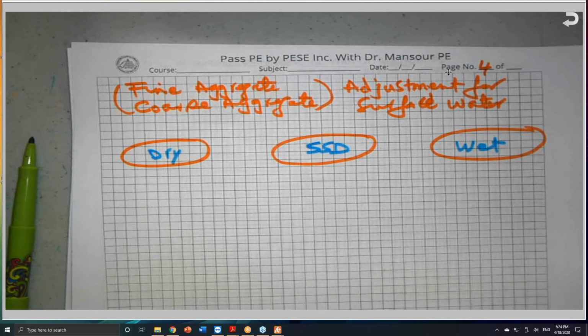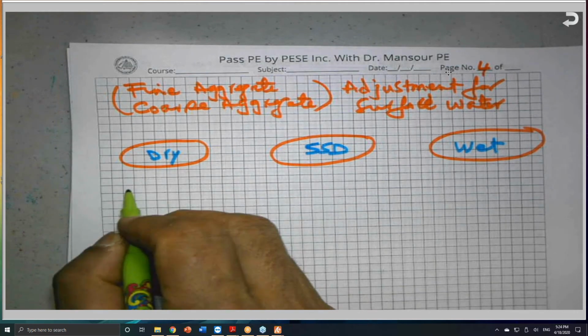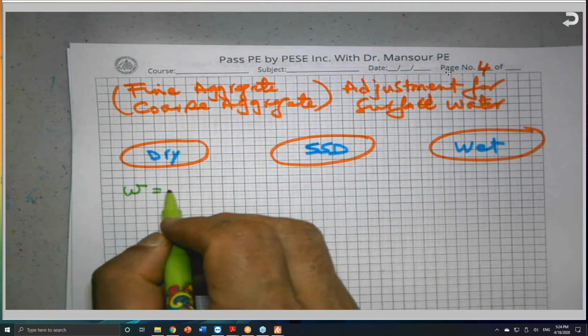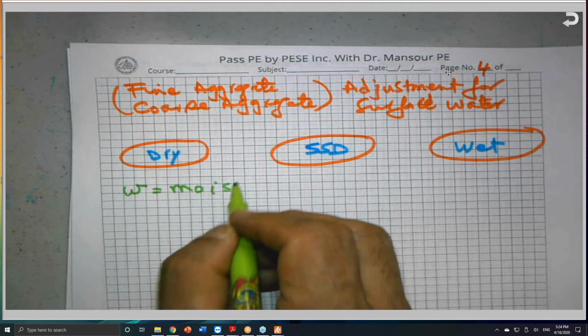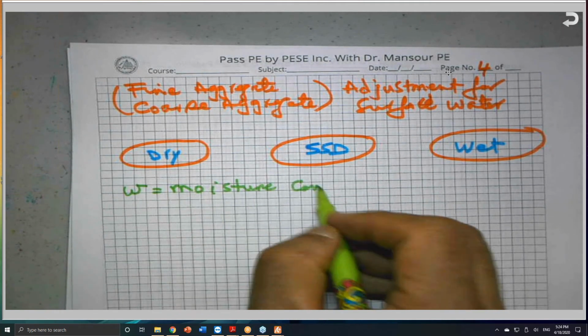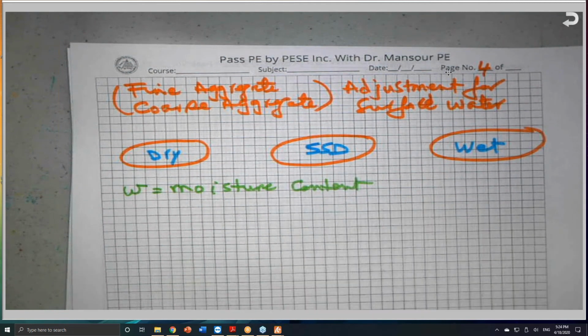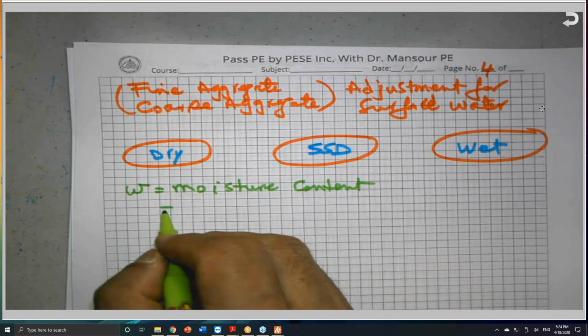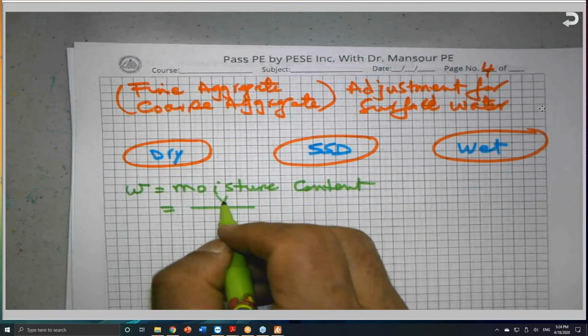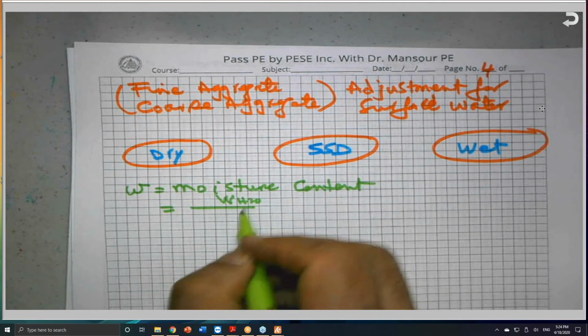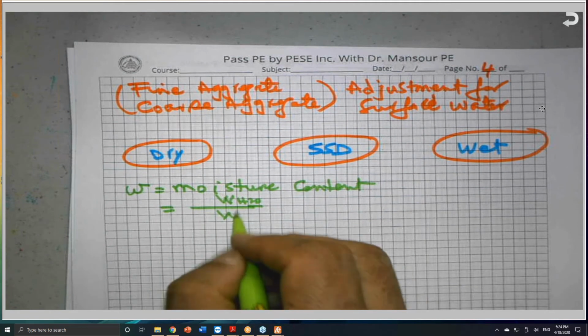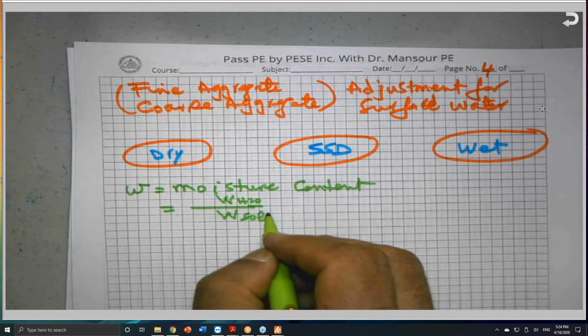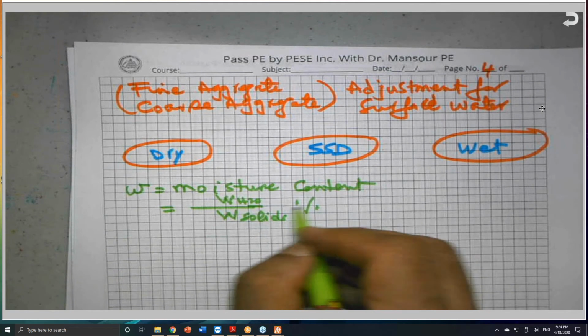And the moisture content, as we define it, we use a lowercase w for moisture content. Moisture content is defined as the weight of the water divided by the weight of the solids, and normally expressed as a percent.